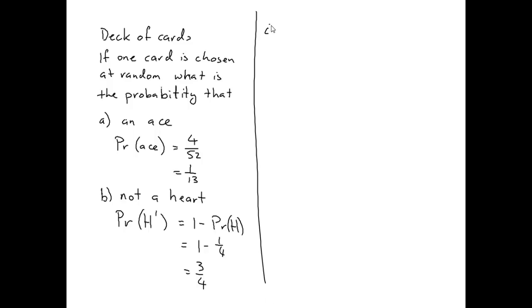What about if I said either an ace or a heart? What would that be? When I say or, I'm thinking about the union. So that would be an ace union with a heart. I'm either happy to have an ace or a heart. Well, let's think about that.